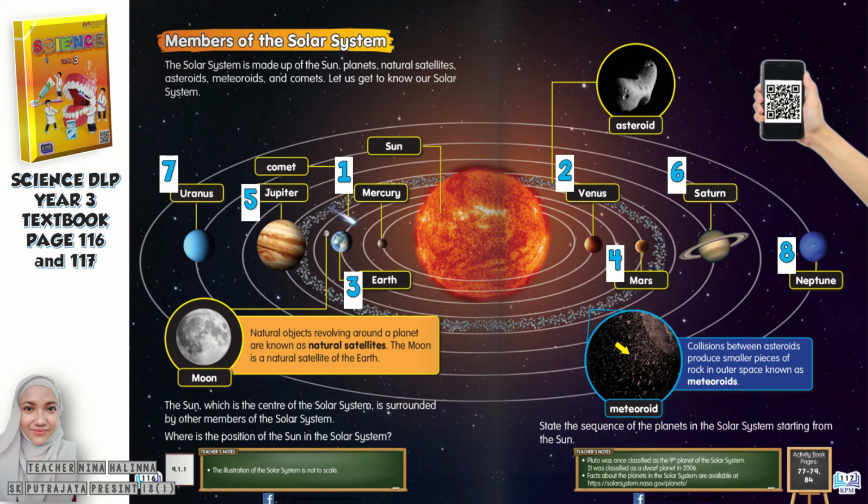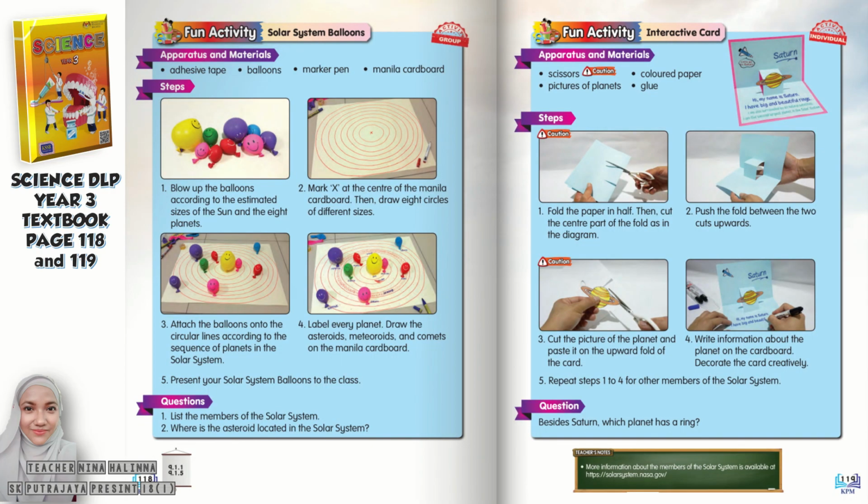We're done for today, and on the next 2 pages are activities that can be done. If you really like this topic like I do, I think that you would love to do these 2 activities. The first one is making your own solar system using balloons.